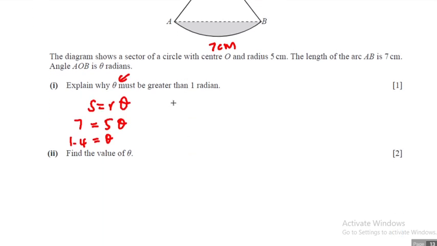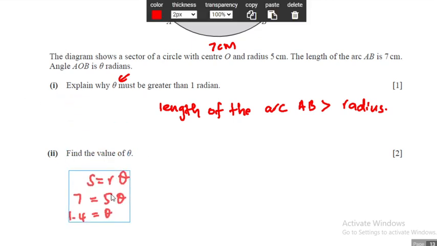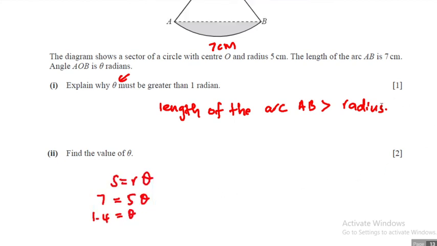Maybe we can say that because the length of the arc AB is greater than the radius. Should be okay. Done. 2 marks, 3 marks.